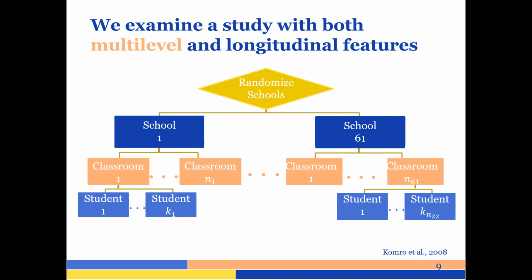We assume the same about classrooms within the same school. However, we also assume that the schools are independent of one another. So a classroom in school A is independent from a classroom in school B. And we assume that a student in school A is independent from a student in school B as well.